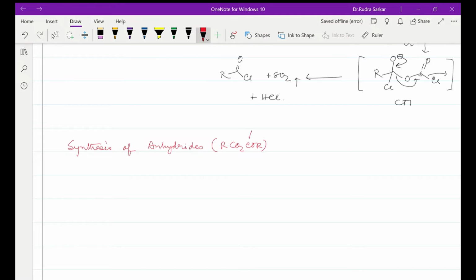So this is the highly electrophilic center and which is having a very good leaving group, which is obviously we are saying this one, and they can be used to synthesize many organic molecules from them.